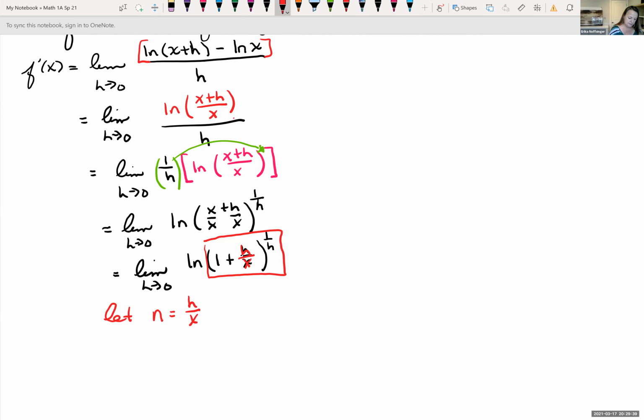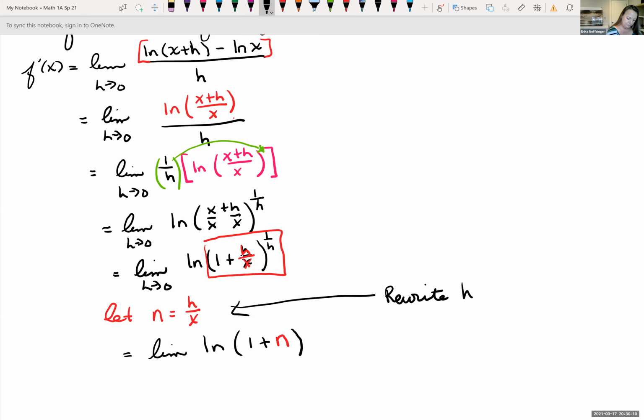If I do that, I'm not going to write anything with h in there right now. So I have the limit of the natural log of 1 plus n, and let's rewrite h in terms of n.